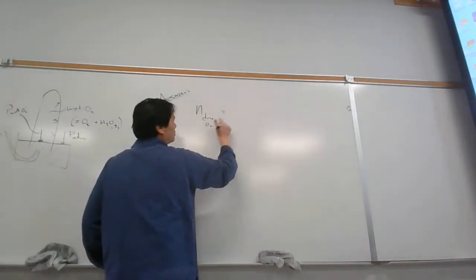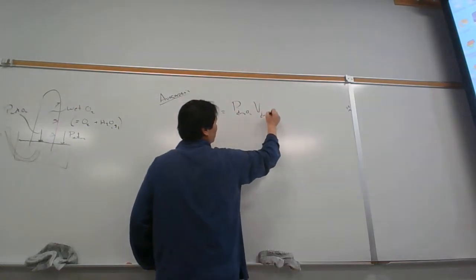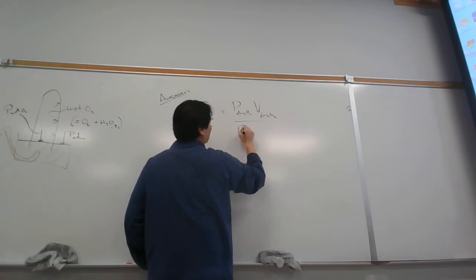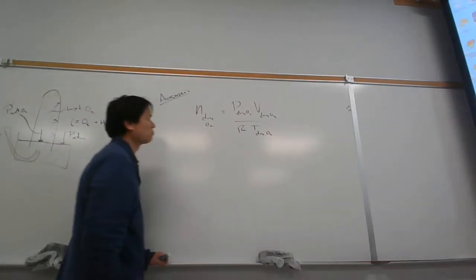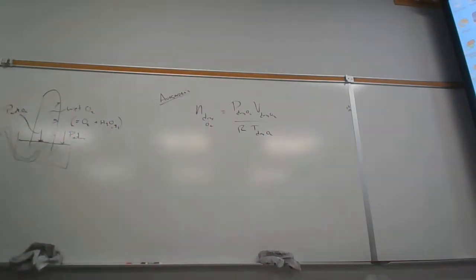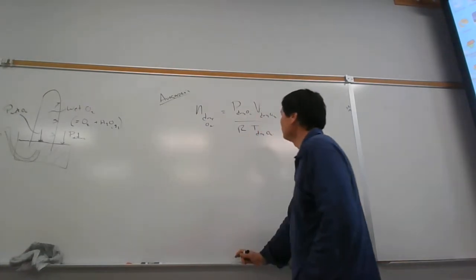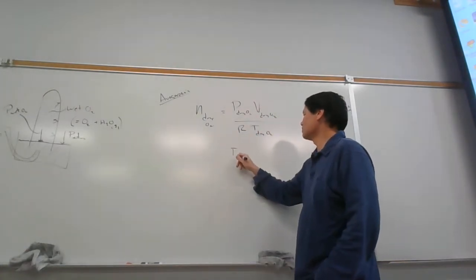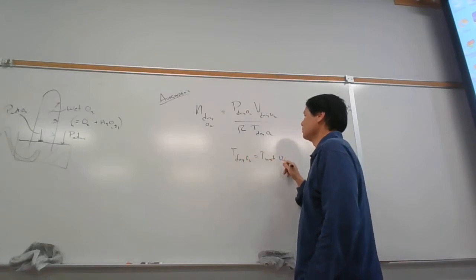The moles of dry O2 is going to equal the pressure of dry O2 times the volume of dry O2 divided by R times the temperature of dry O2. So using Avogadro's, the temperature of dry O2 is going to be the same as the temperature of the wet O2. There's no difference there.